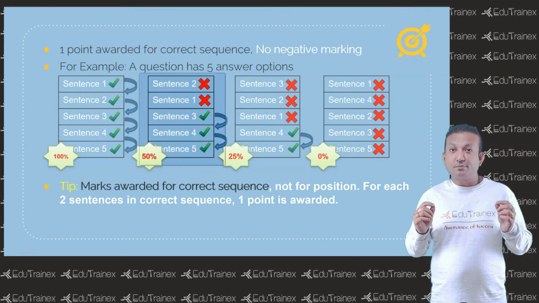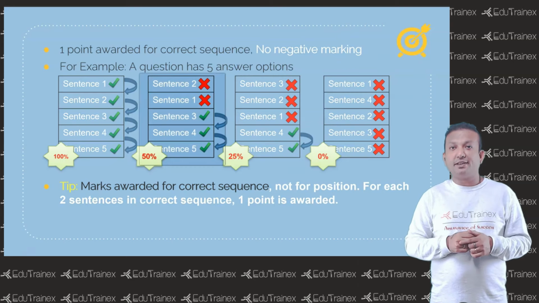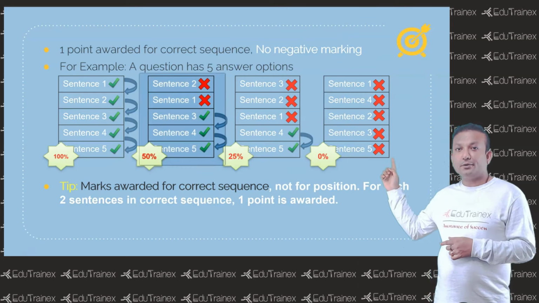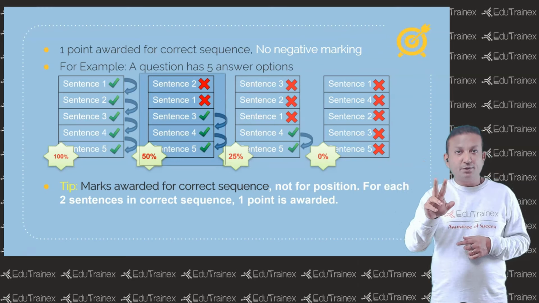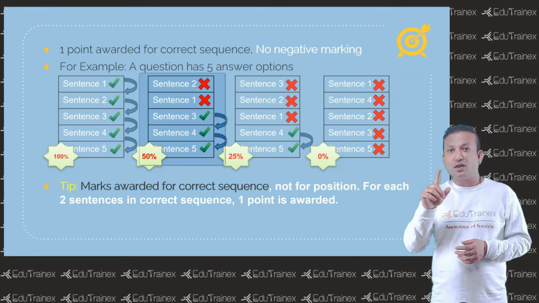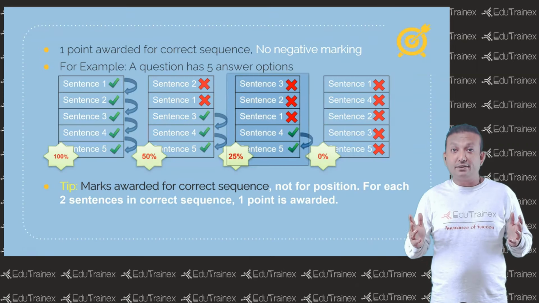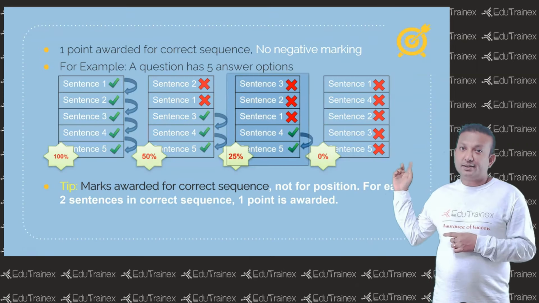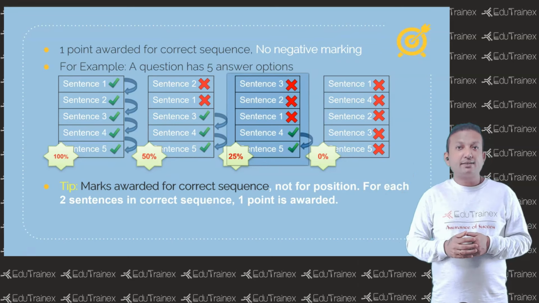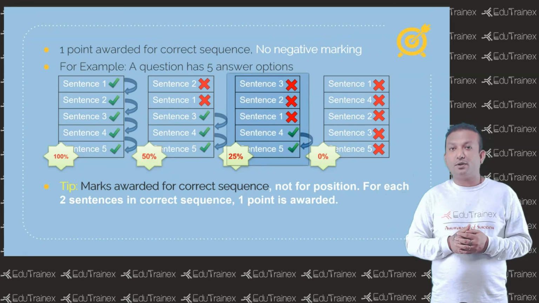However, if you make just one error by misplacing one sentence, you lose 2 points there. See the second scenario, because with one error you are breaking 2 sequences here, between sentences 1, 2 and 3. If you place sentences 1, 2 and 3 in the wrong order, which is the third scenario, you only get sentences 4 and 5 in the correct order, which is only one sequence right, and you get only 1 point there.